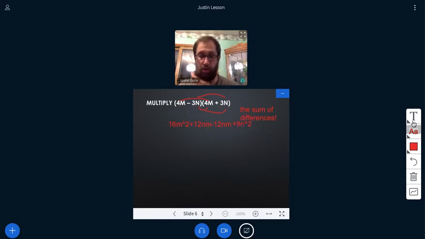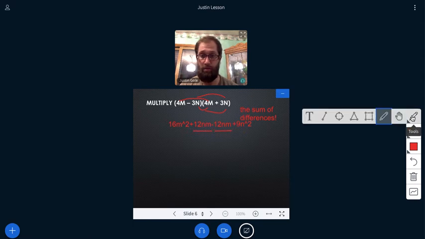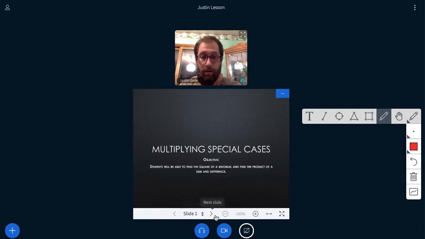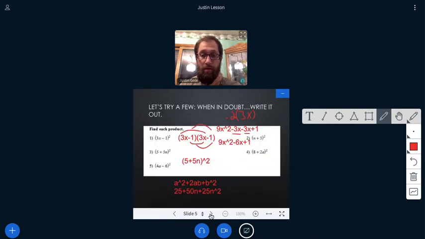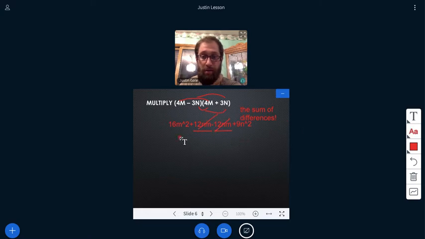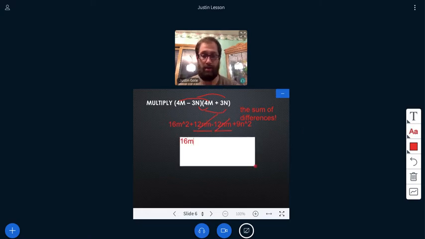So what we're going to notice is these two things in the middle cancel out. So when they cancel out, we get 16m squared plus 9n squared.